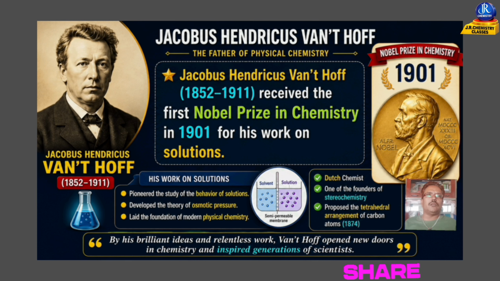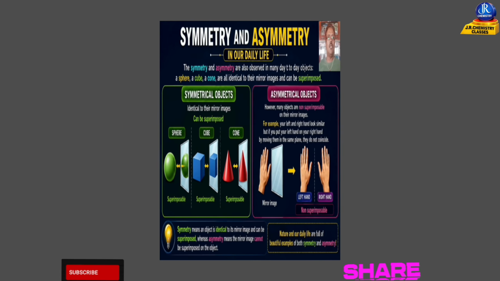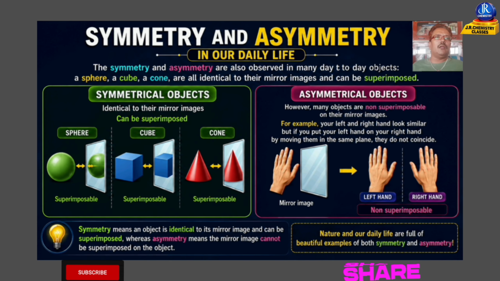Jacobus Henricus Van 't Hoff, 1852 to 1911, received the first Nobel Prize in Chemistry in 1901 for his work on solutions. The symmetry and asymmetry are also observed in many day-to-day objects.